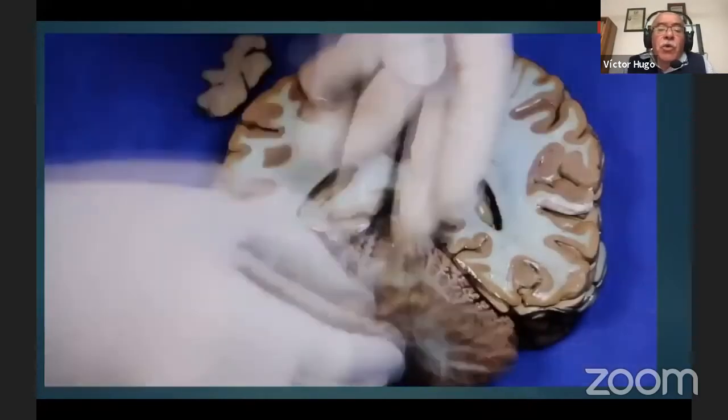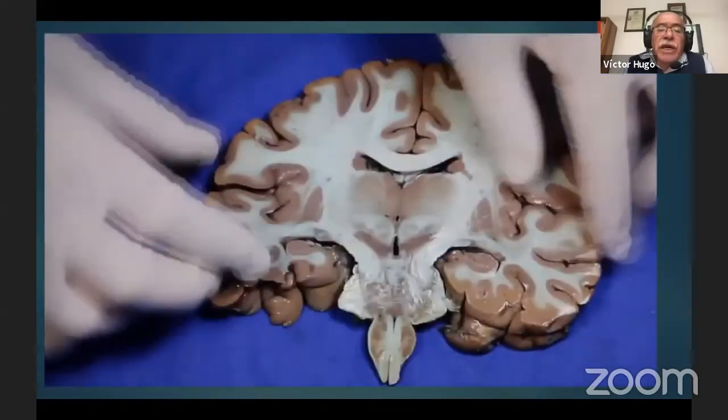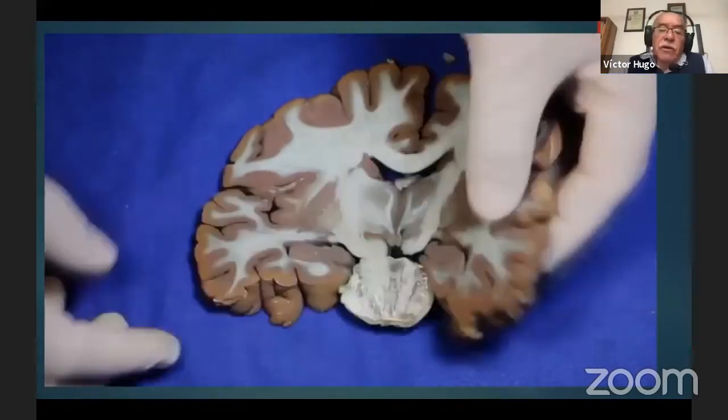And if you do this kind of dissection, we can understand the anatomy of the brain much better.